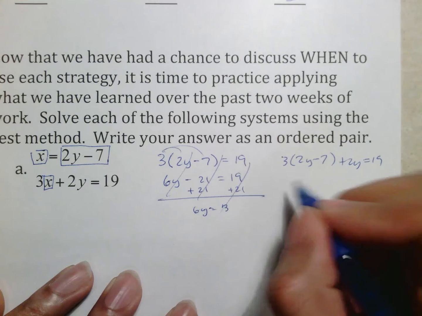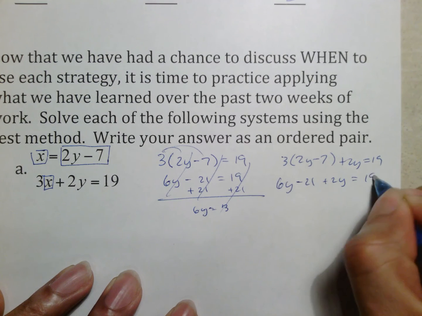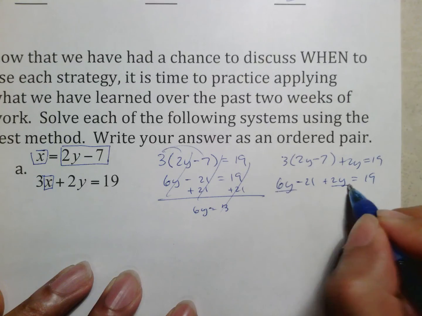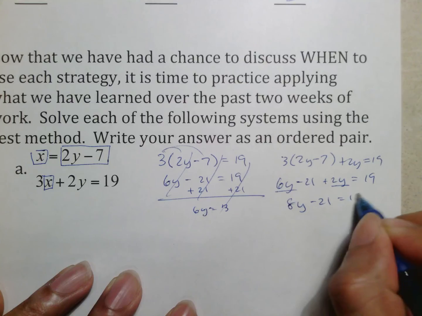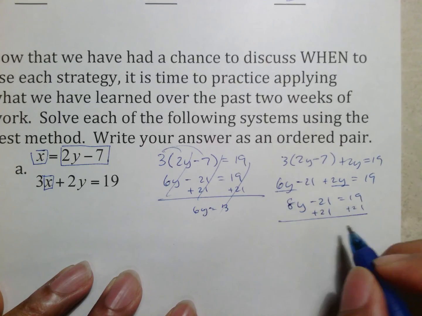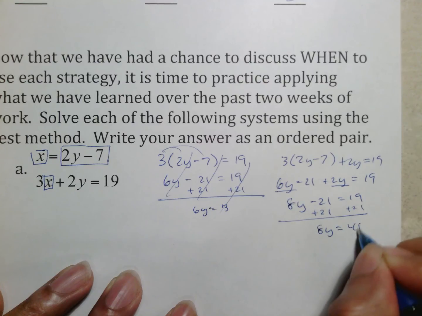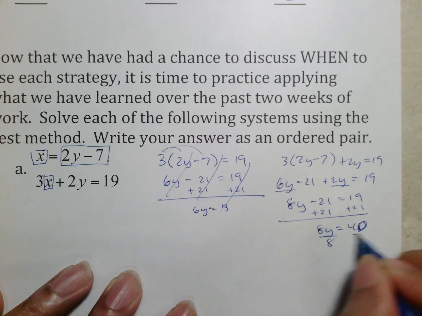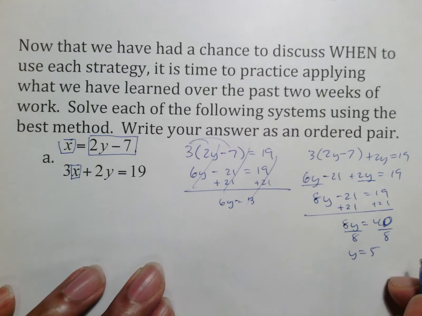And then you get 6y minus 21 plus 2y equals 19. Sorry about that. Put your y's together, you get 8y minus 21 equals 19, which now, when you work that out, it should work just fine. I didn't like the fact that I had 40 and 6, but now I have 40 and 8. And when I divide by 8, I end up with y equals 5.